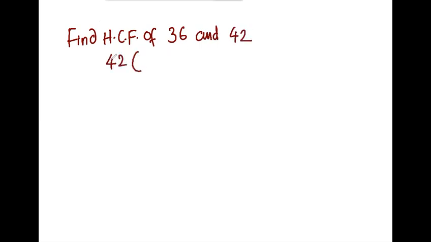Divide 42 by 36. The number which is being divided is called the dividend. The number which divides is called the divisor. Now divide. 36 goes one time in 42, so 1 times 36 is 36. Now subtract, so 6 is the remainder.